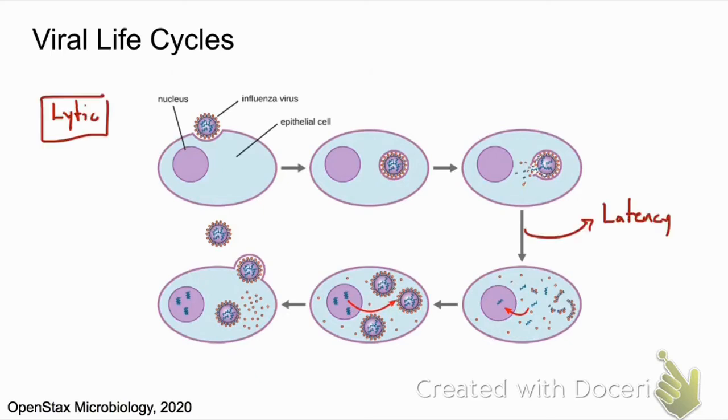It's also important to note that this is what we call the lytic viral life cycle, where more viral particles are being created. Some viruses, like the double-stranded DNA virus family, the herpes viruses, can go into a viral latency. After uncoating, their genome will enter the nucleus, where it can then remain dormant.